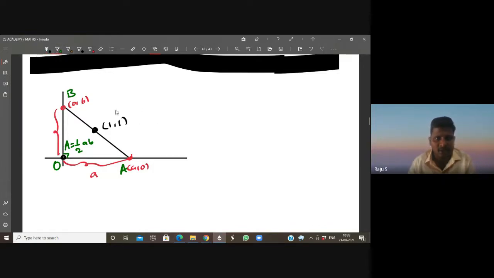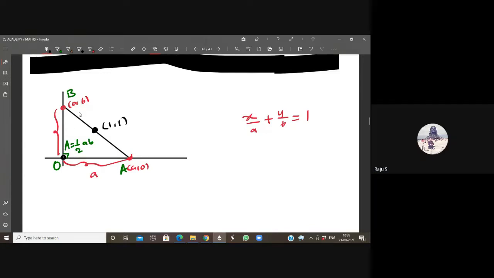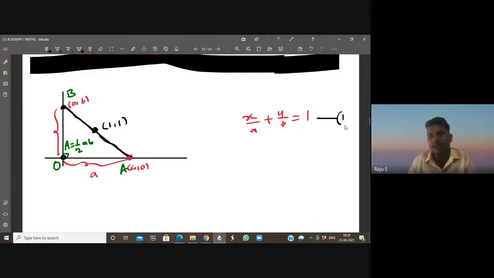Right. Here the thing is, when I take the intercepts on the x-axis and y-axis, can anyone tell what is the intercept form of a line? x by a plus y by b is equal to 1. This is the equation of the line whose intercepts are a, b. See, this line is clearly passing through the point (1, 1).